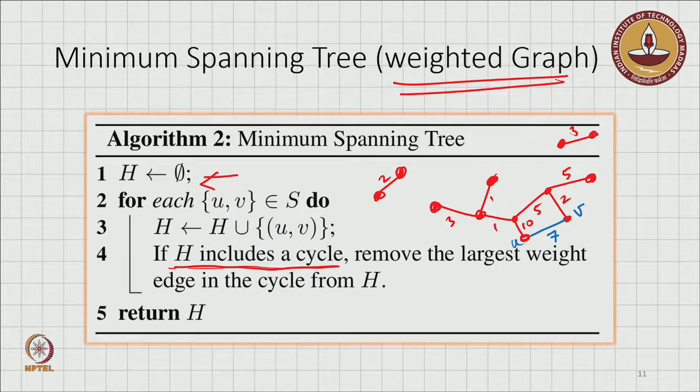We have found a cycle, in which case in this cycle we have to remove the largest weight edge, and that's going to be, let's say this vertex is w, the edge uw, and that edge uw must be removed from H. And by repeating this procedure for every edge uv, we'll be maintaining a spanning forest, and if at the end the graph is connected, that H will actually be representing the minimum spanning tree.